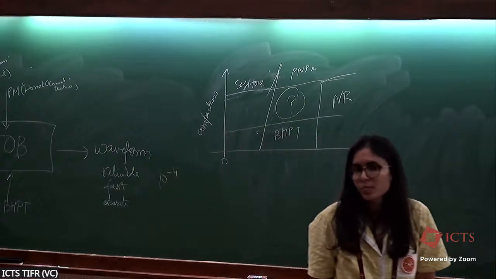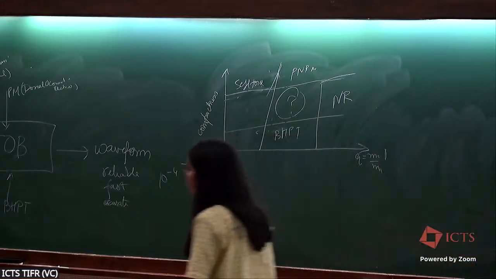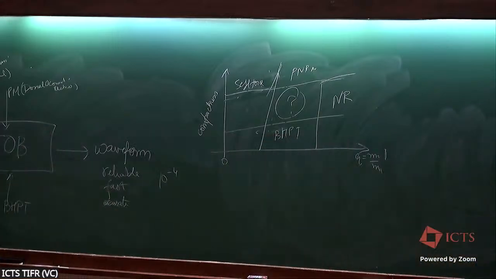On EOB, the limitation is that it depends on these perturbative schemes, we said. So whatever the limitation we have here in terms of whatever order we know, is the only thing that we know in EOB. But one can then say we calibrate with NR, so we can obtain the higher order corrections from numerical relativity simulations.